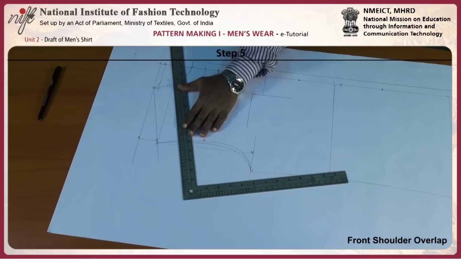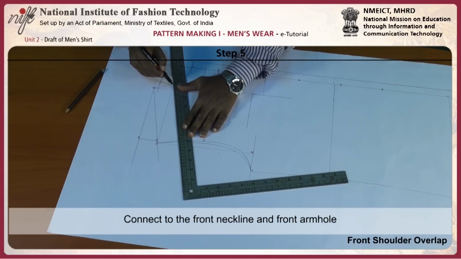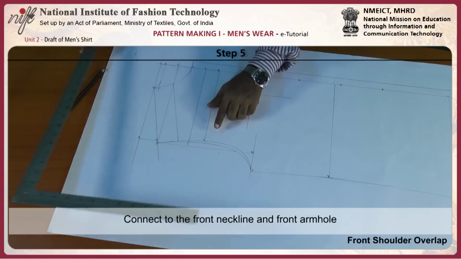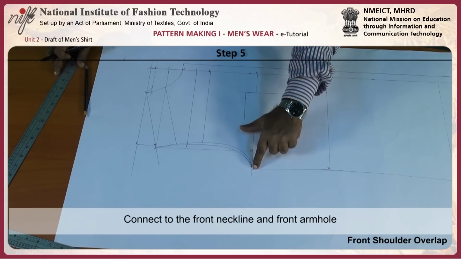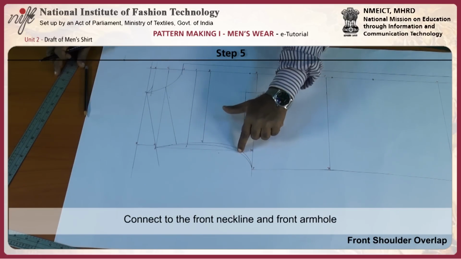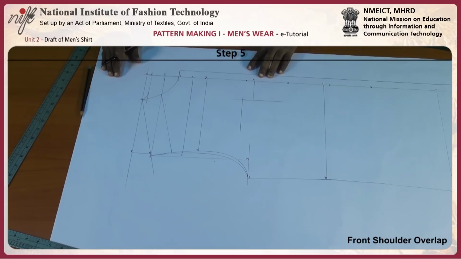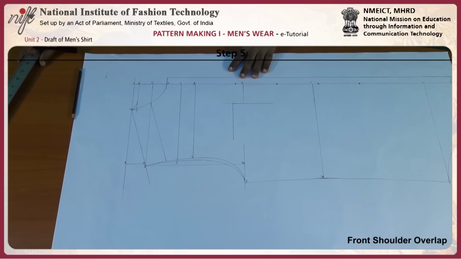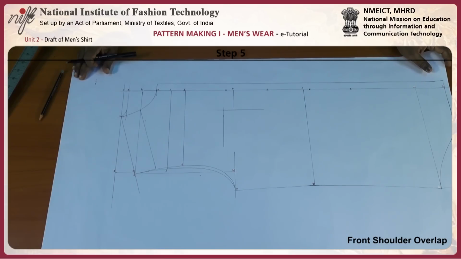It should be 4.5 centimeter. Connect to the front neckline and front armhole. The deeper curve represents the front armhole and the less deep armhole represents the back. With this, step 5 is through.